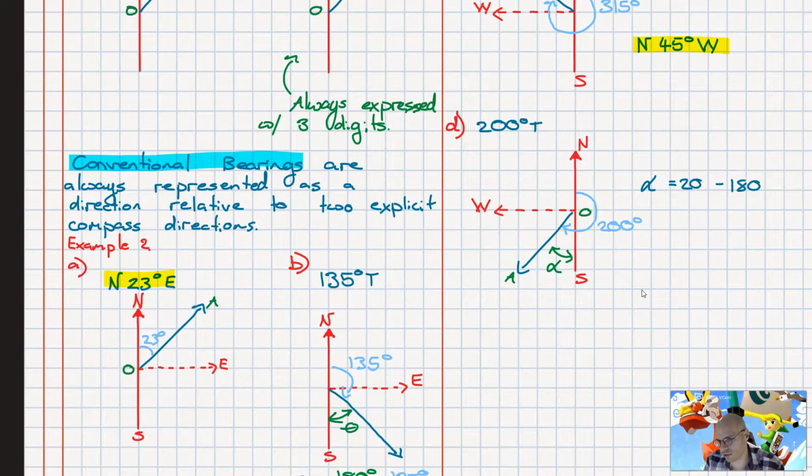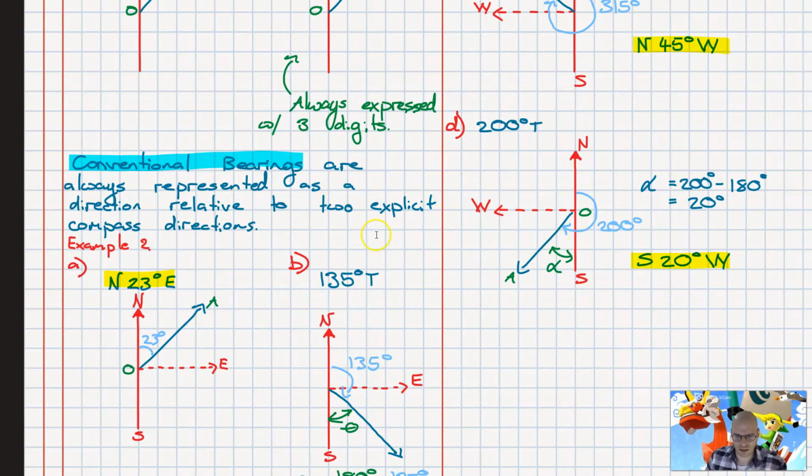So we go 200 degrees take 180 degrees. This is going to yield a result of 20 degrees. So the conventional bearing for this particular instance is going to be, starting from the South Pole, south 20 degrees towards the west. And thus we derive our conventional bearing.